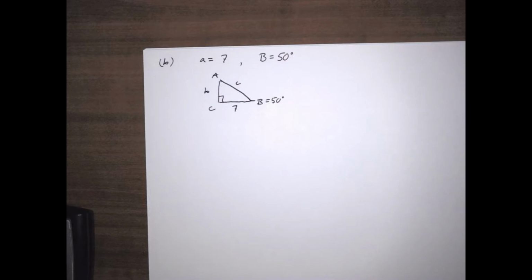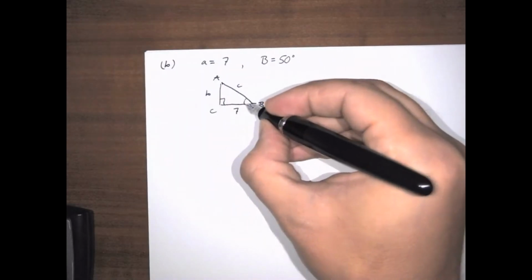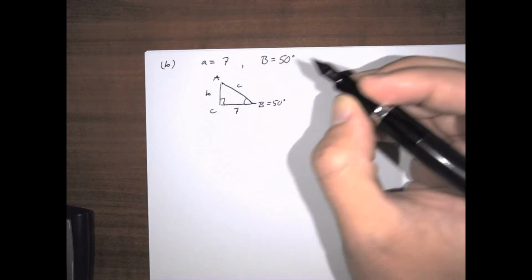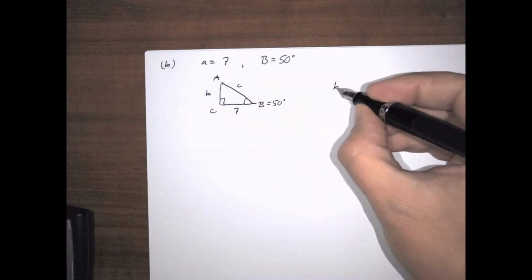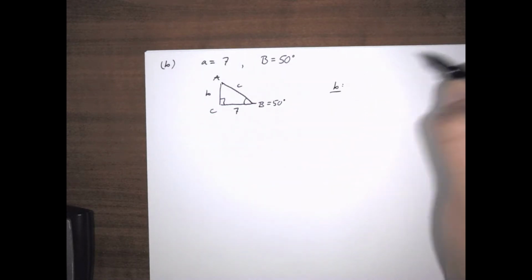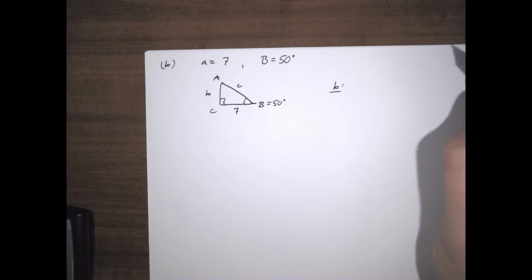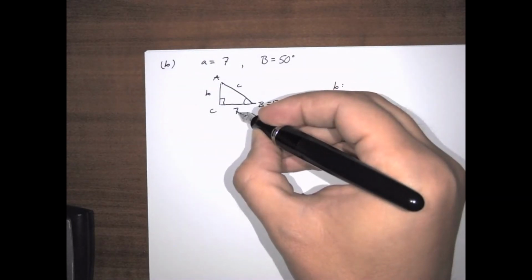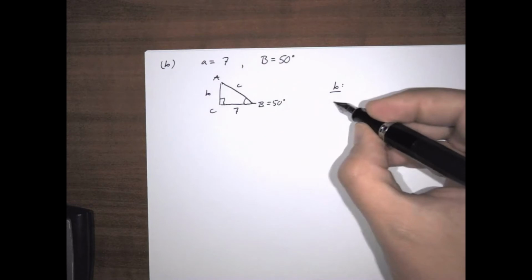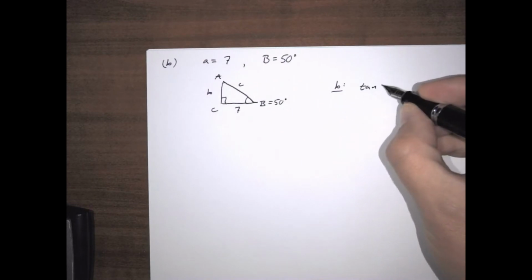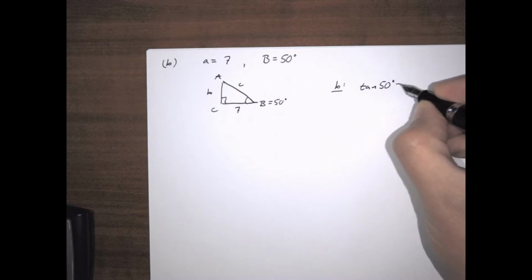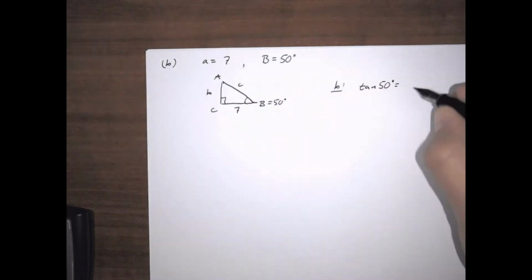Then we just have to figure out how to connect the pieces we have to what we want to find out. If I want to target little b, I can just find the trigonometric function that relates the one I have with the one I want. So I can go with the tangent of 50 degrees is equal to opposite over adjacent, so it's mystery b over 7.